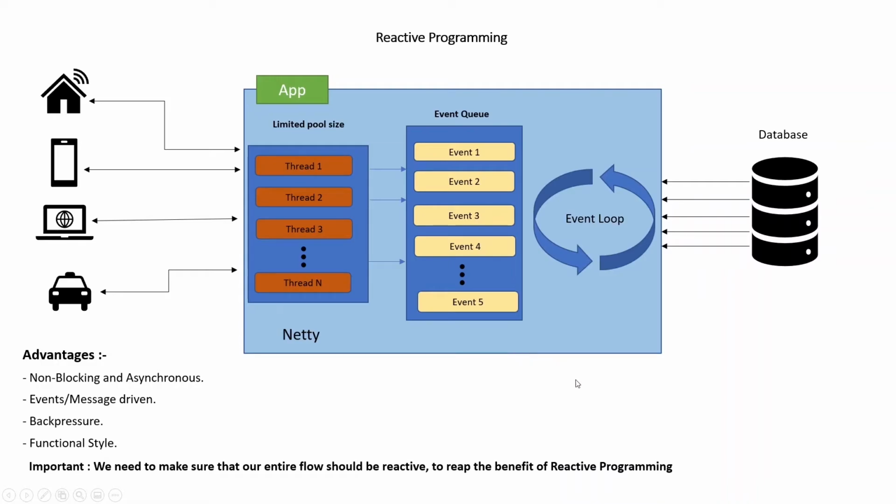If any of these components, for example the database, is non-reactive, then we will not be able to have the complete benefit, because the other parts of our application, like our client, our server, even our application code, are reactive. But since the database is not reactive, there will be certain blocking that will happen. So to have the benefit, all the components in our flow should be reactive.